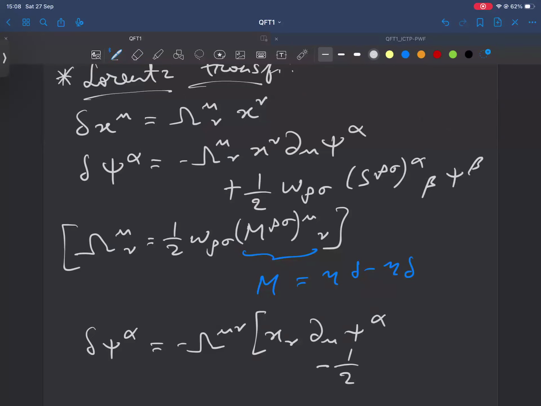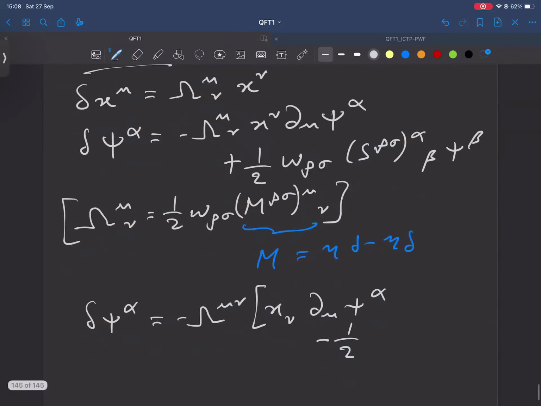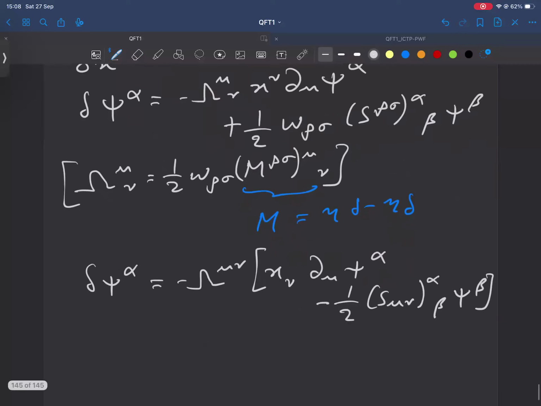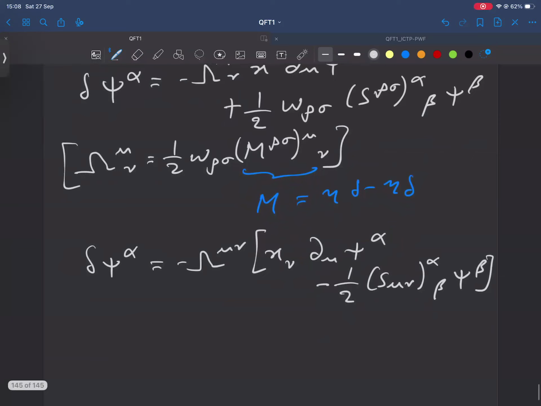I'm not doing each step, because it should be clear by now that you just have to expand the exponentials, treat that as an infinitesimal symmetry or Lorentz transformation in this case, and then equate term by term.